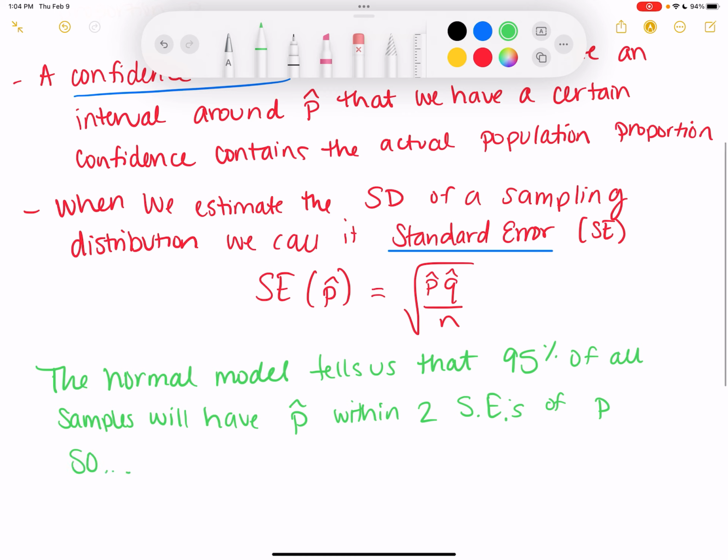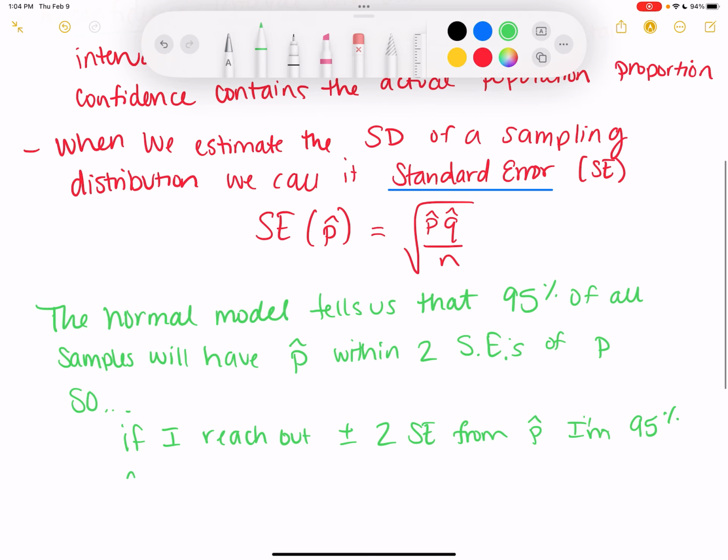So if I reach out plus or minus 2 standard errors from p hat, I am 95% confident p is in my interval. So that's like the 68, 95, 99.7 rule, where that 95% is coming from.